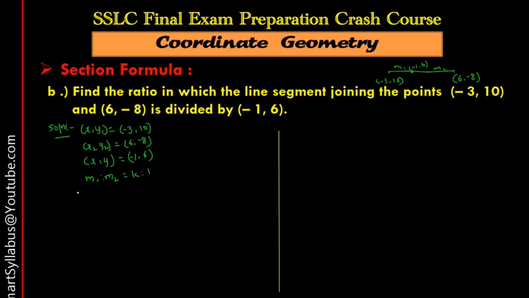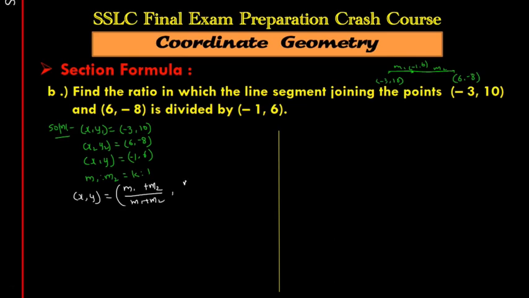Okay, students, first write the section formula. Section formula is xy is equal to, as we have already discussed, m1 x2 plus m2 x1 the whole divided by m1 plus m2, comma, again m1 y2 plus m2 y1 the whole divided by m1 plus m2.